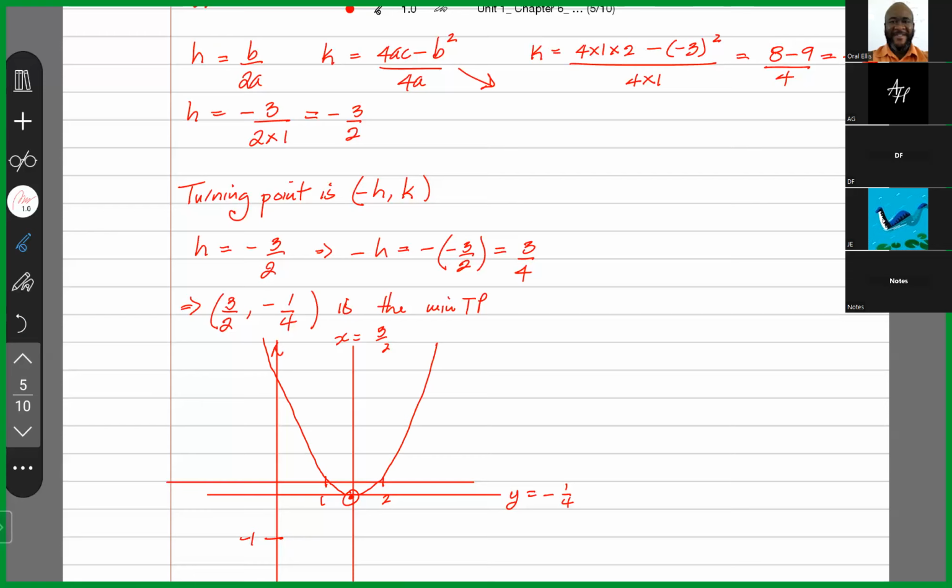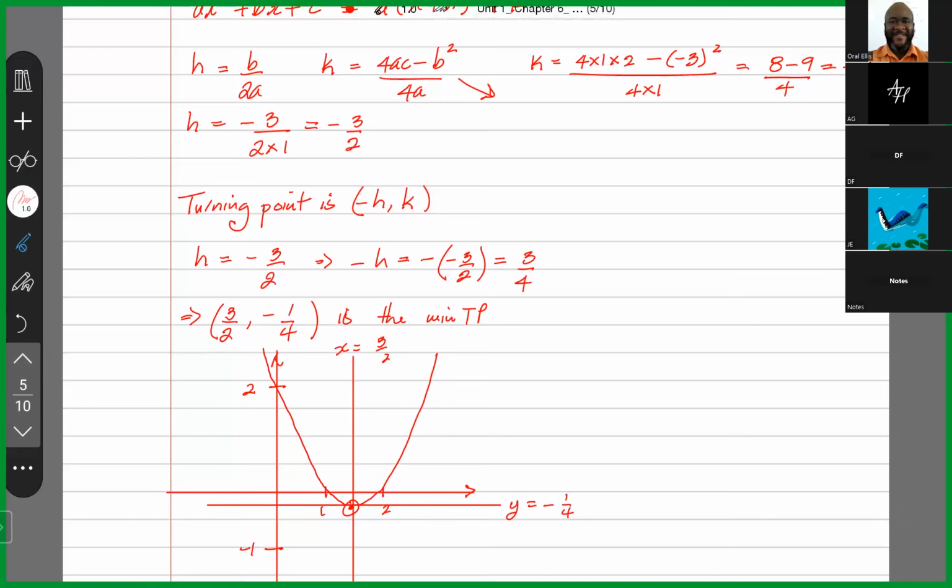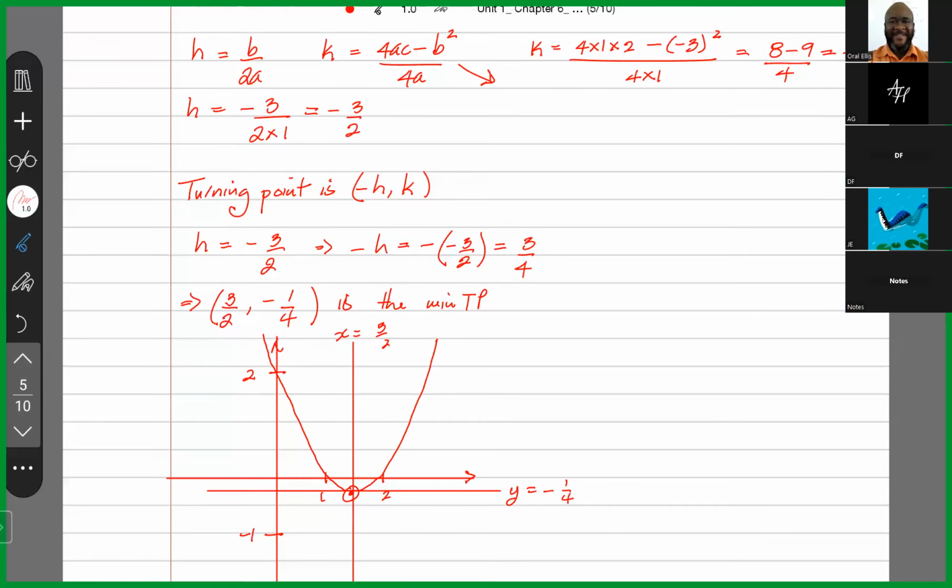All right. Now, from this, we're to determine the domain and the range. Now, earlier I said that this graph is going to go on forever to the left, and it's going to go on forever to the right.